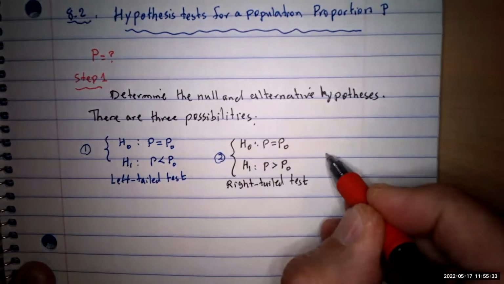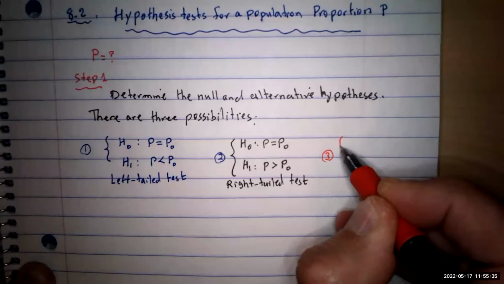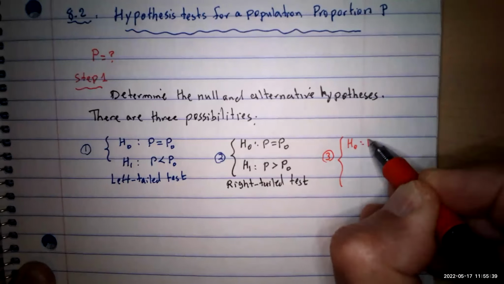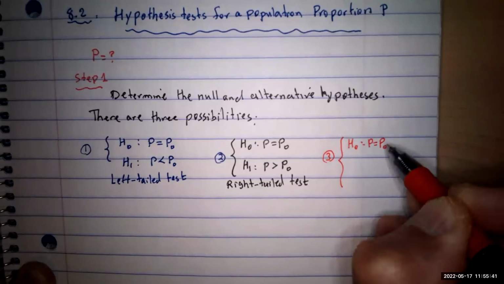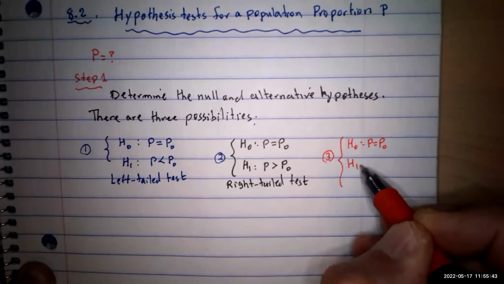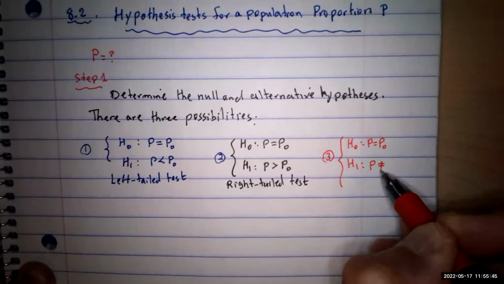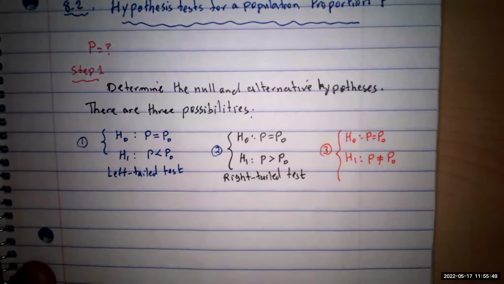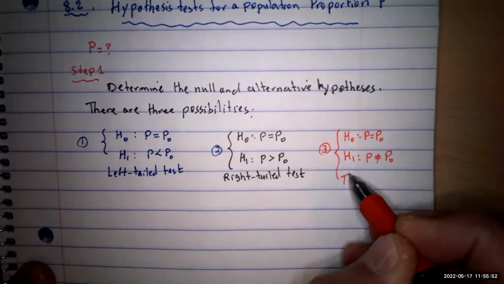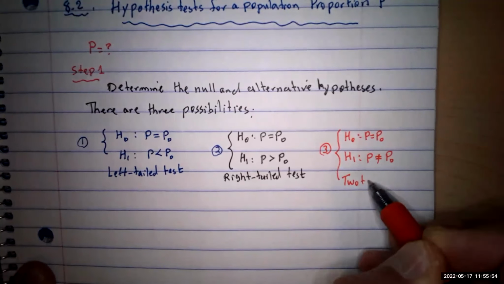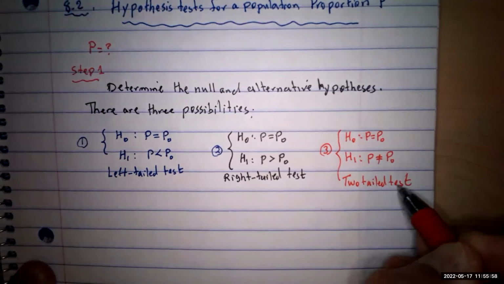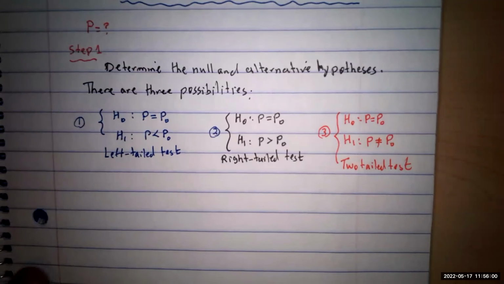The third one is that H naught is P equal to P0, but H1 is that P is not equal to P0. The proportion is different from that number, and this is your two-tailed test. So very similar to the mean.